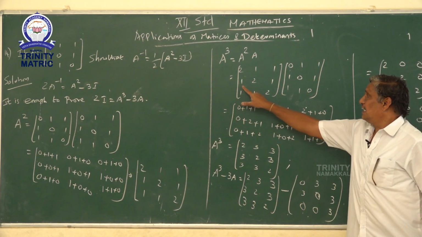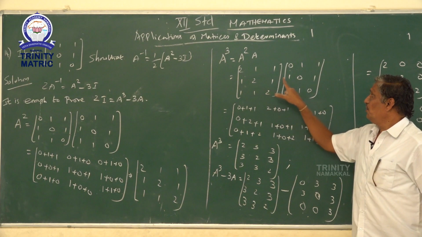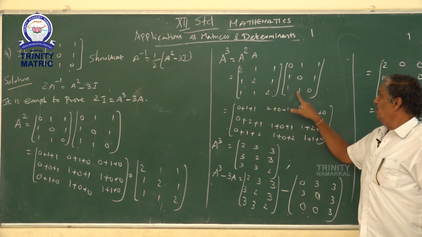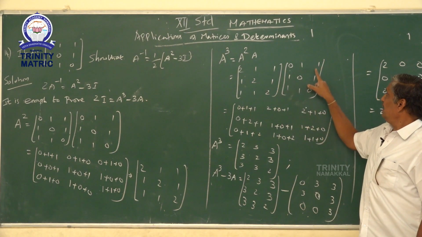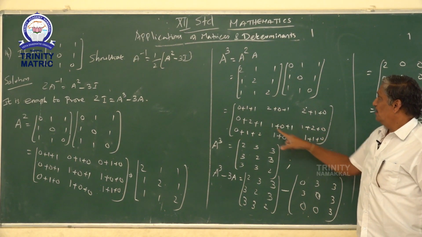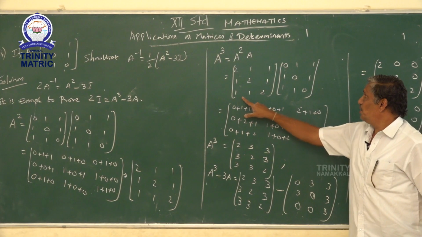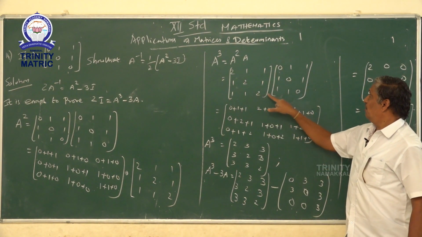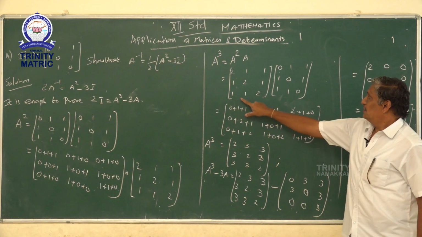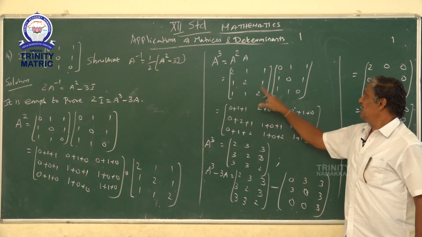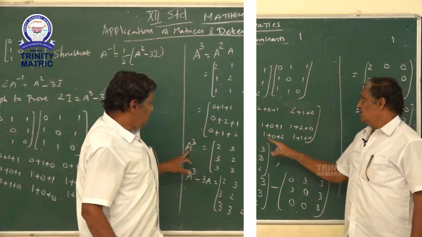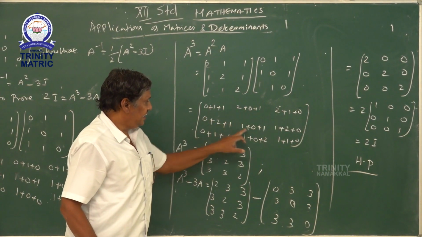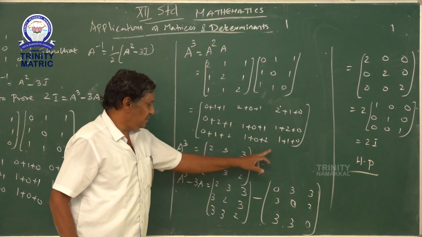Second row, first column, 0, 2, 1. Like that, 1, 0, 1. 1, 2, 0. Third row, first column, 0, 1, 2. Third row, second column, 1, 0, 2. Third row, third column. What do we get? 1, 1, 0. A cube we found: 2, 3, 3, 3, 2, 3, 3, 3, 2.